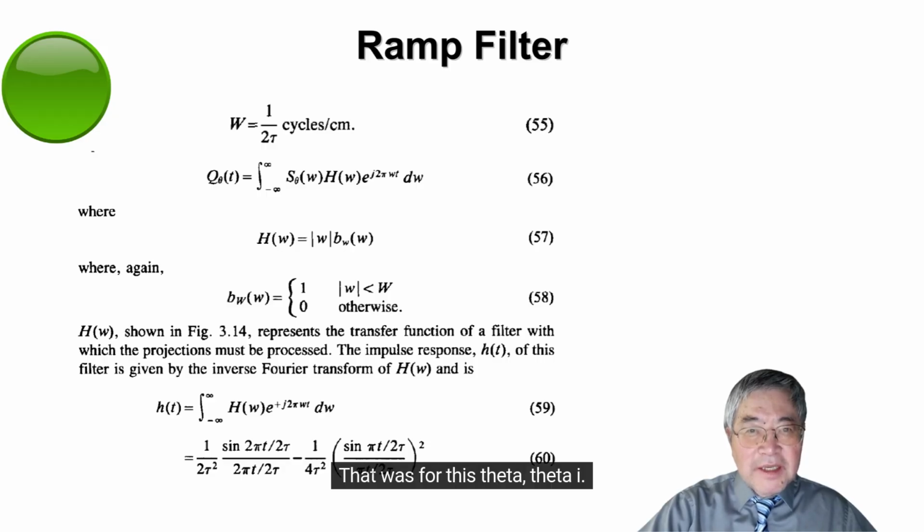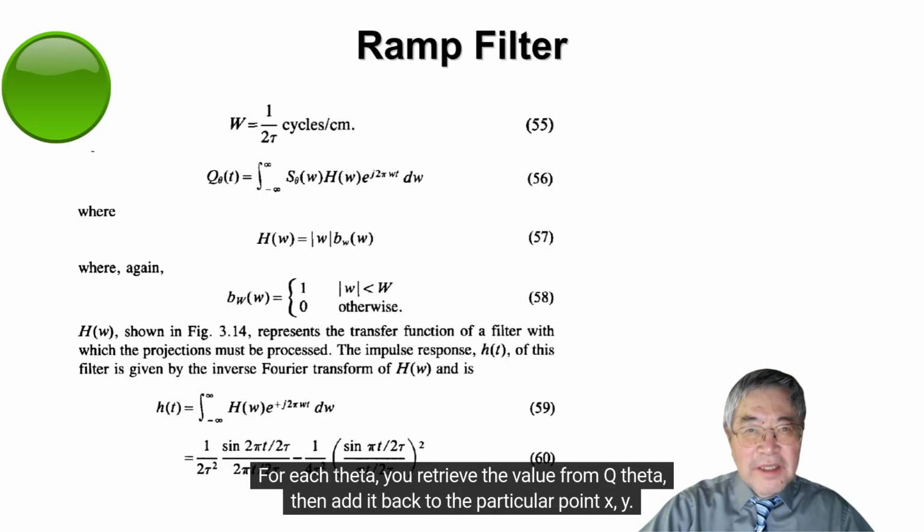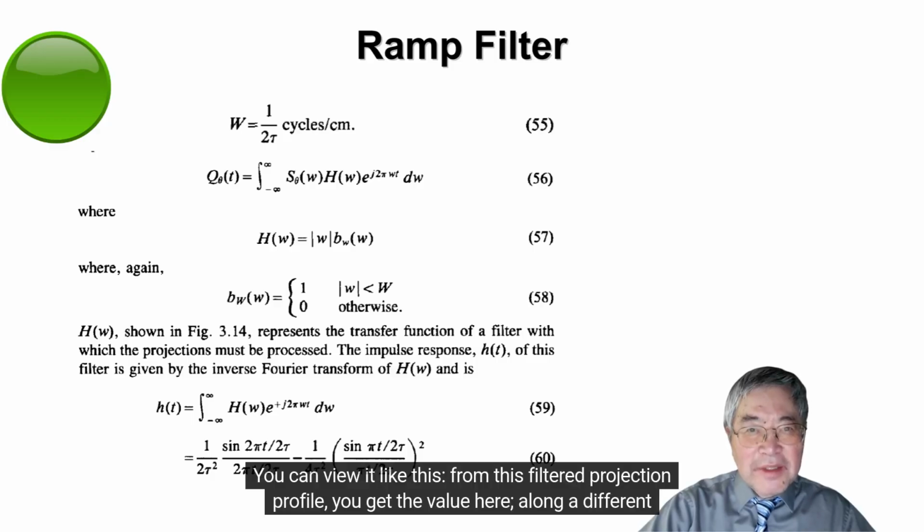That was for this theta, theta I. For another angle, you smear back in a different way. The process is linear. The integral means summation. For each theta, you retrieve the value from q theta, then add it back to the particular point x, y. For another angle, you do the same. You can view it like this. From this filtered projection profile, you get the value here.